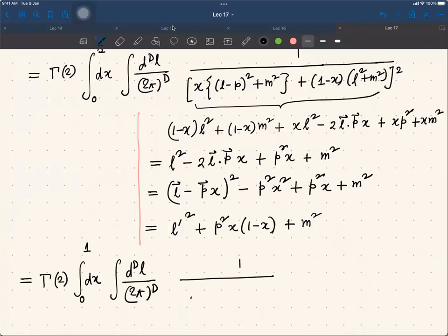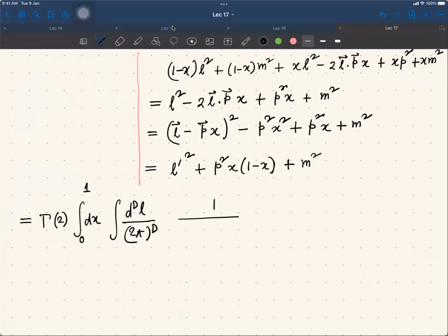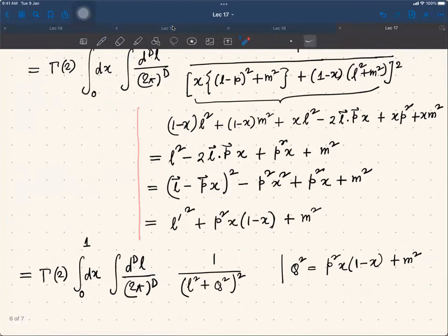1 over L square plus Q square whole square, where Q square is equal to P square x times 1 minus x plus m square, right? So what I have done is, I have written this entire thing as this L prime square plus Q square, and ddl is same as ddl prime.